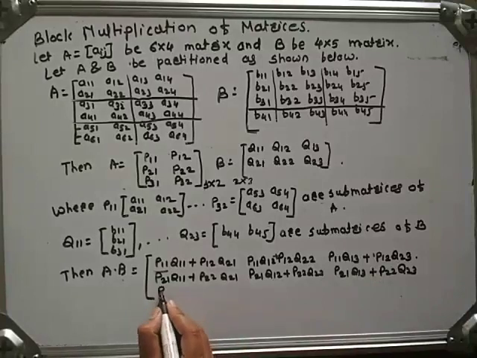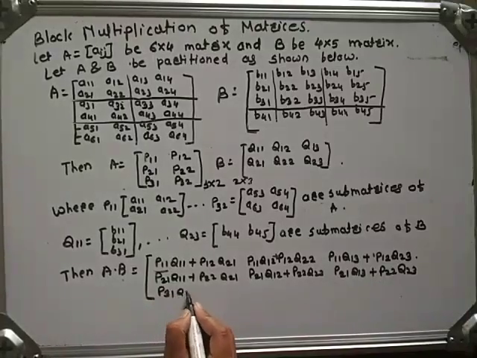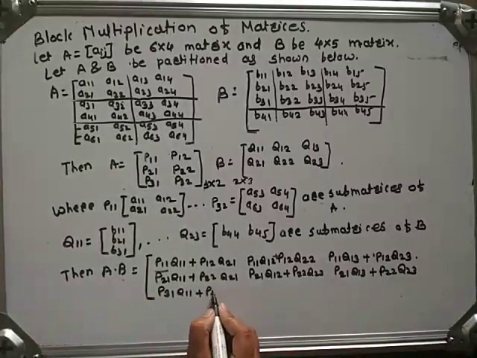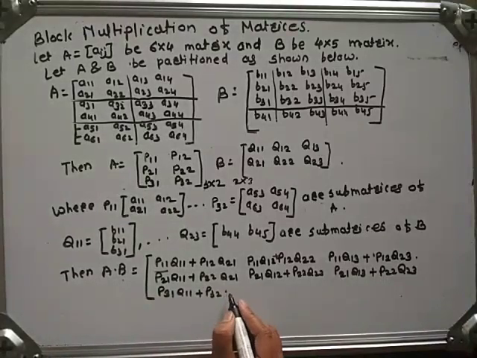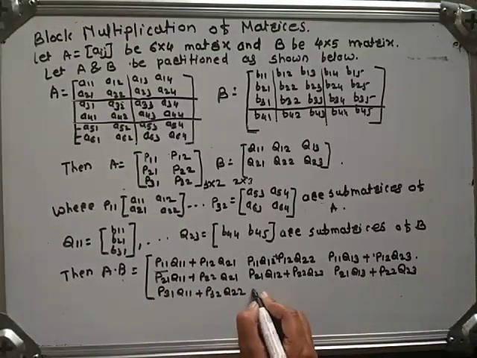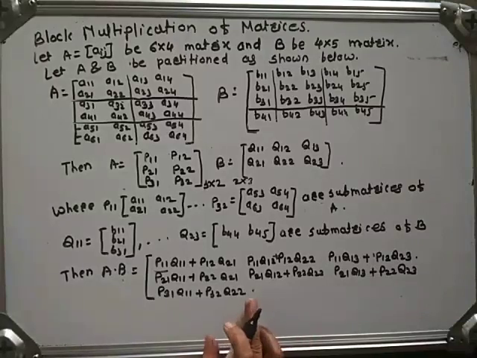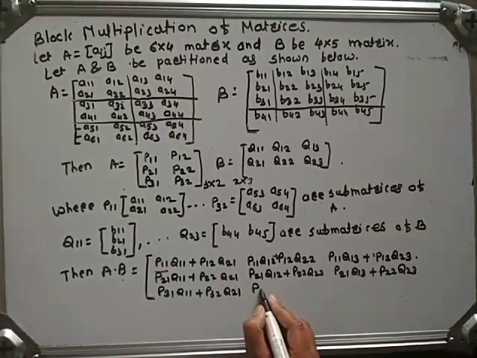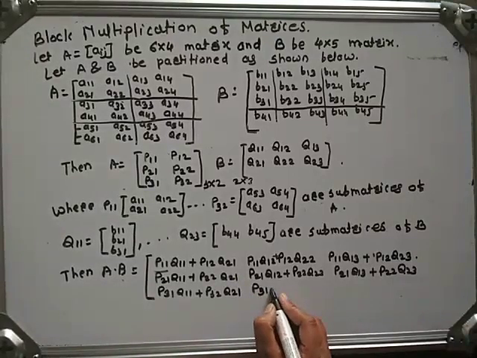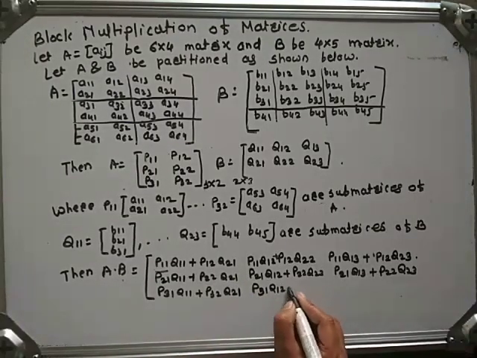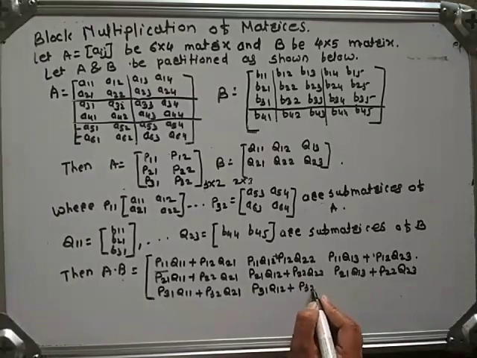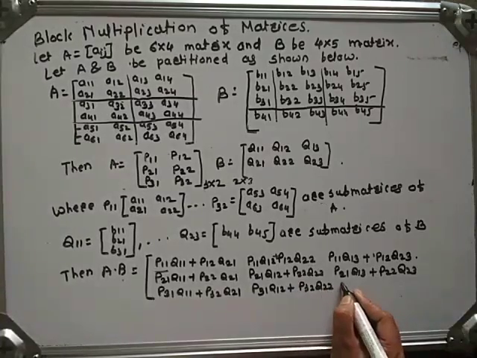This entry is P31 into Q11 plus P32 into Q21. Here P31 into Q12 plus P32 into Q22.